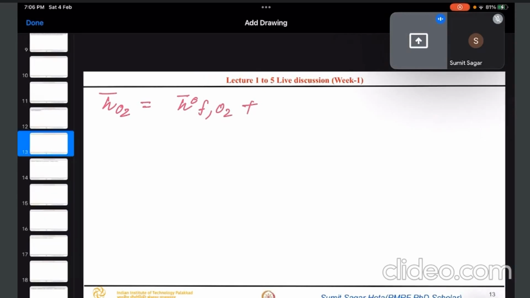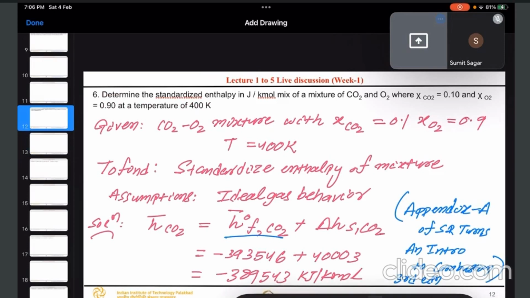I did the same thing here: the enthalpy of formation plus its sensible enthalpy. Why does the sensible enthalpy come into existence? Because the temperature is more than 298 Kelvin. What is 298 Kelvin? 298 Kelvin is the standardized temperature. It is more than the standardized temperature, that's the reason the sensible enthalpy comes into existence.